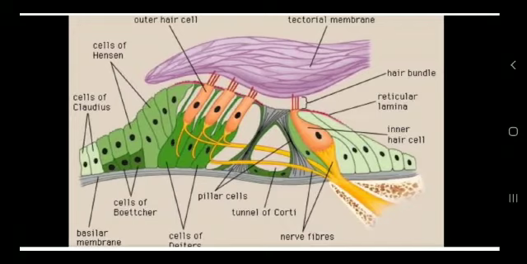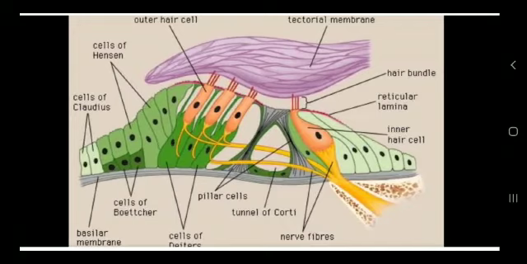First you can see the pillar cells, also called the rods of Corti. These are two projections, inner and outer, from the basilar membrane into the scala media. In between the two rods you can see the tunnel of Corti, which is filled with the Corti lymph.